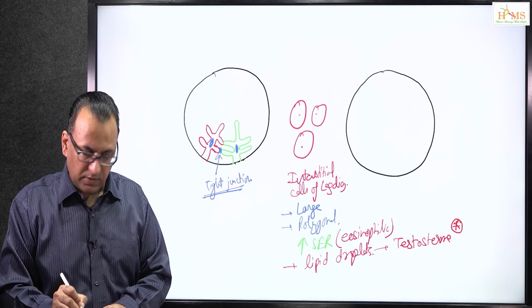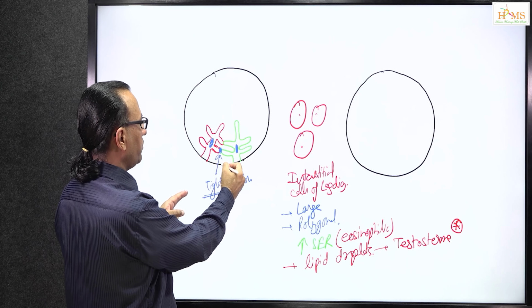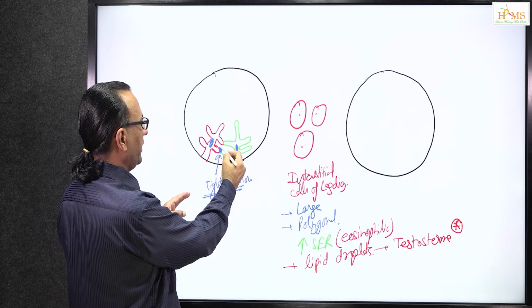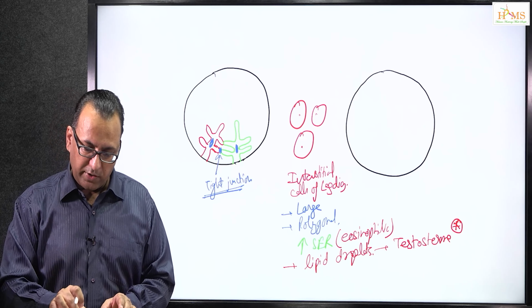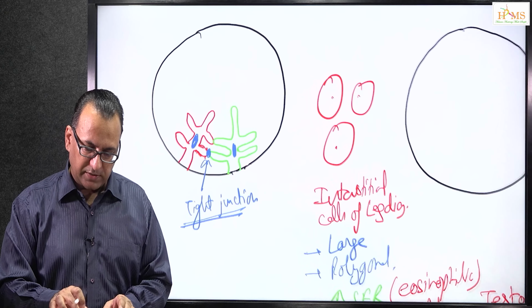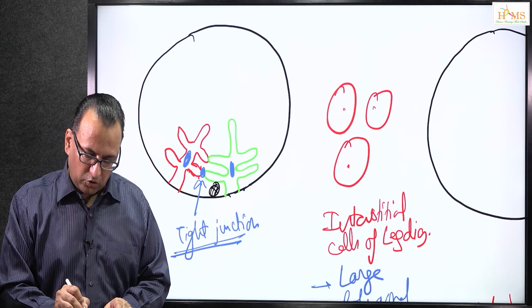As we will see, the cells which are involved in spermatogenesis are allowed to move from the basal compartment towards the luminal compartment. Say for example, we are having the primordial germ cells toward the basal surface, and these primordial germ cells were allowed to move inside.